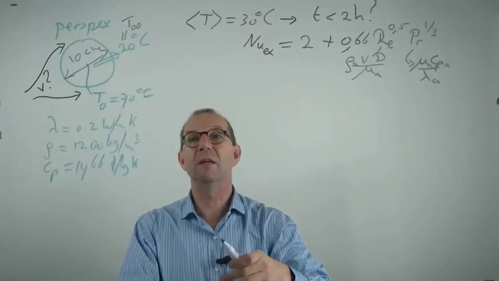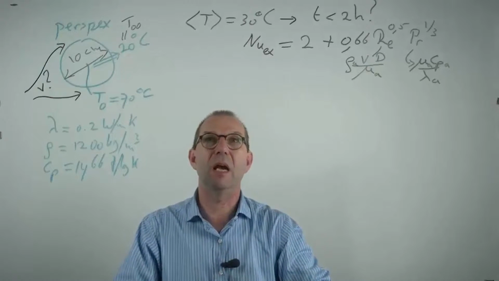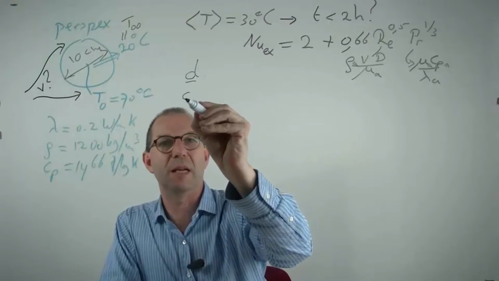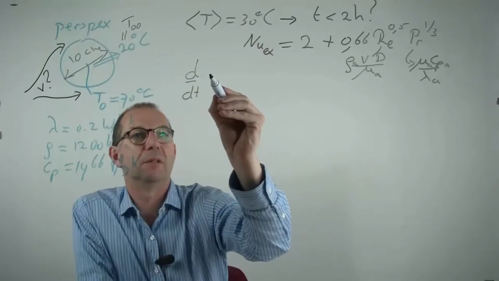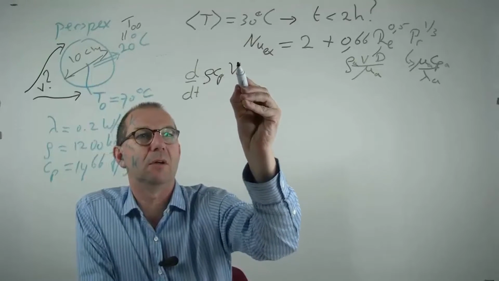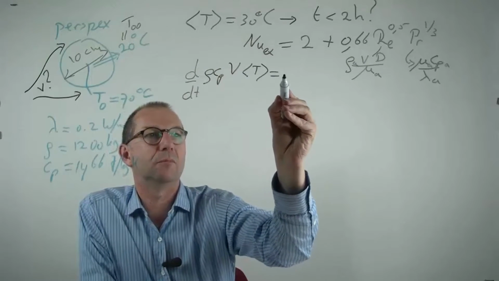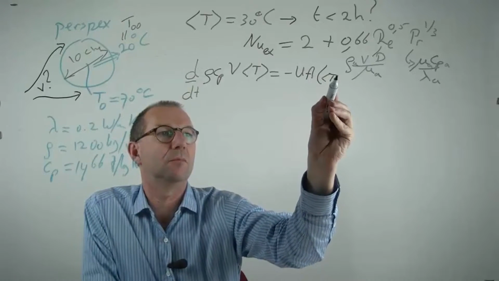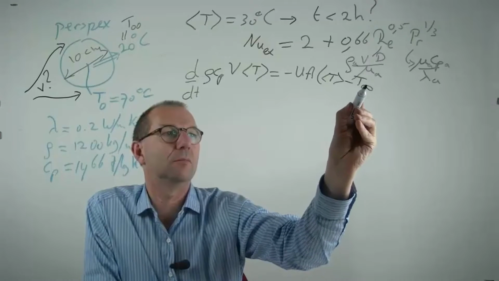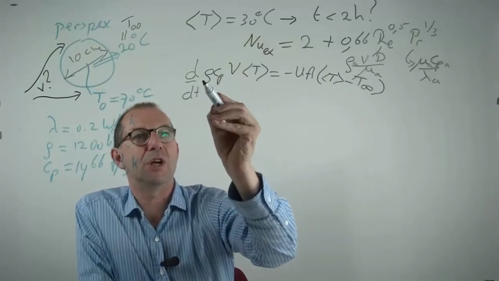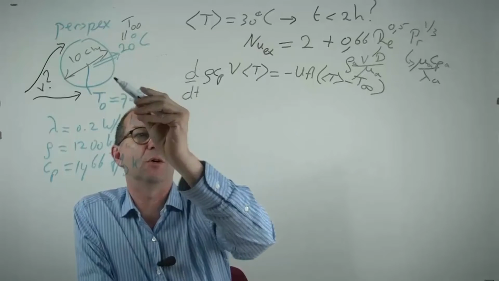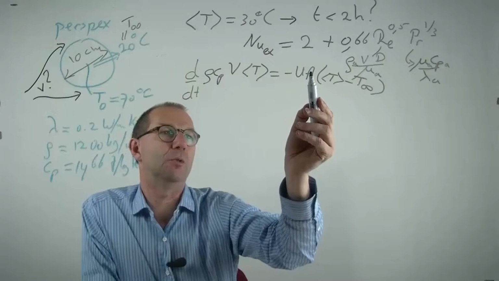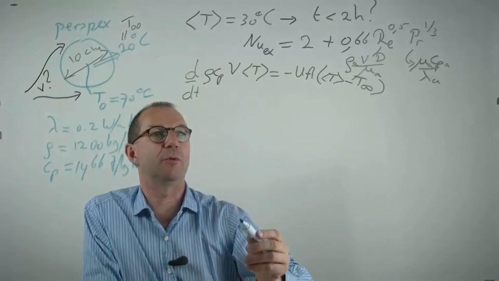So I can quickly use the result that we had in the previous example, where we said I need to solve a heat balance of this form. The rate of change of the thermal energy of the sphere is equal to the outflow, U times an area times the driving force.